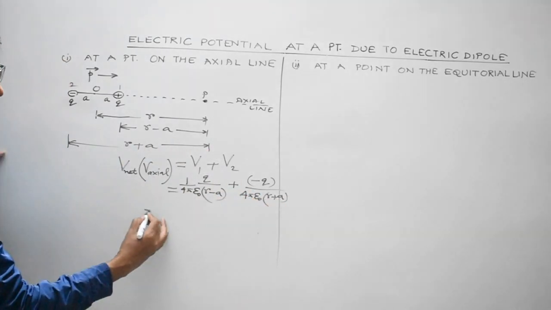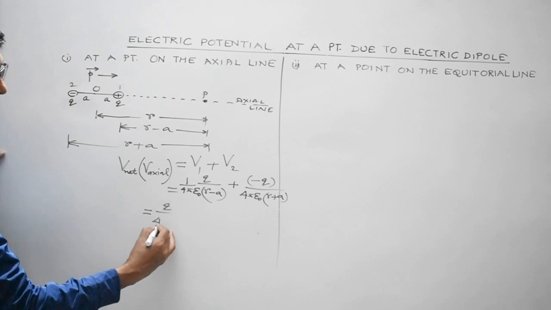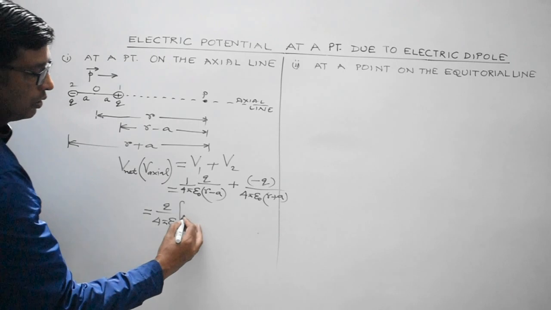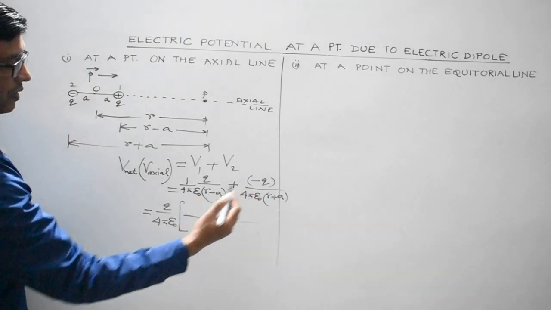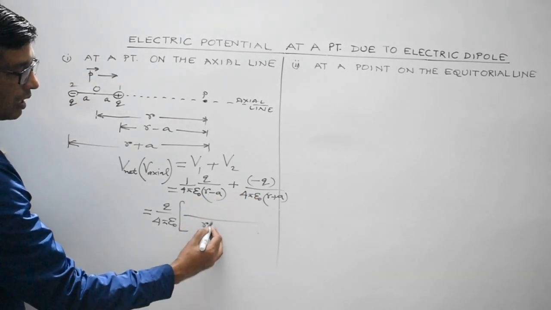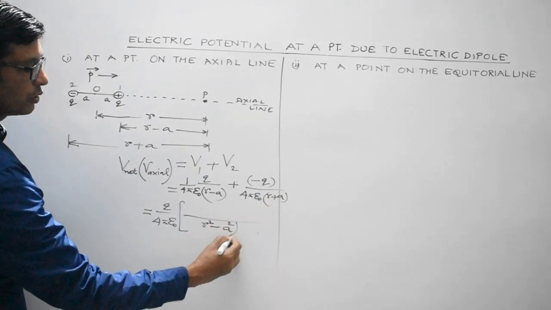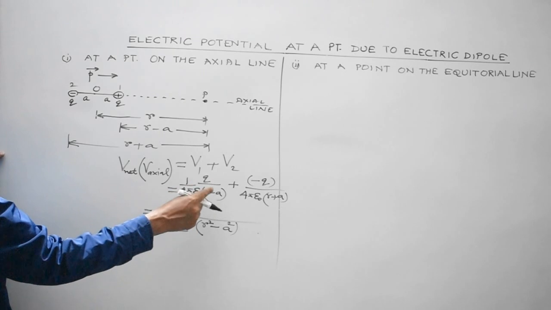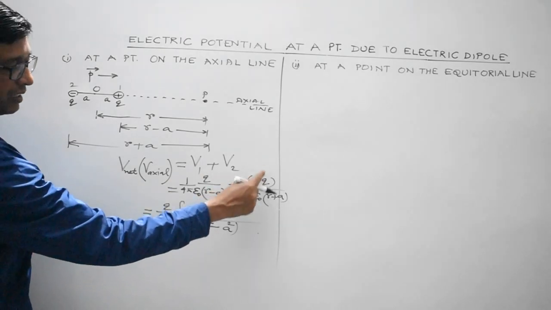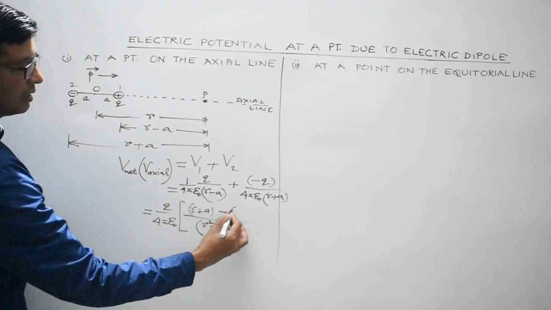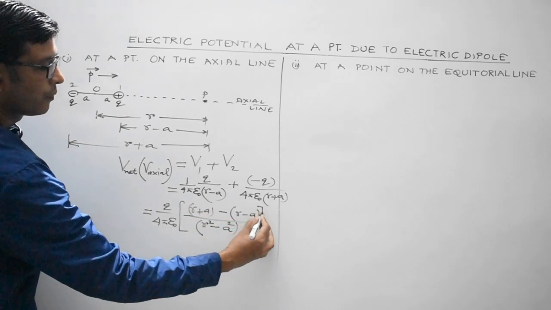So let's evaluate it. Q over 4 pi epsilon can be taken as common. The LCM would be r minus a and r plus a, so it will be r square minus a square. The term left in the numerator would be 1 over r minus a minus 1 over r plus a, so r plus a minus r minus a.